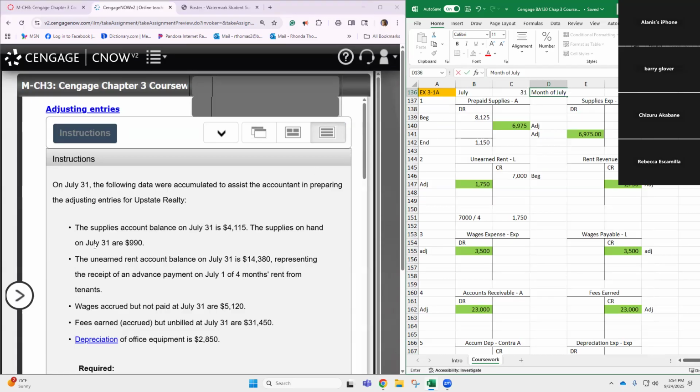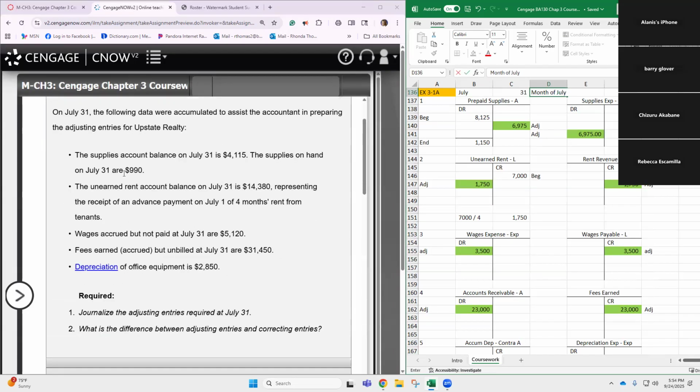All right. So the first one, I've got 2 T accounts. If you want to draw them, that would be good. I'm going to use my Excel spreadsheet here. I've got a prepaid expense account because it says the supplies account balance on July 31st is $4,115.